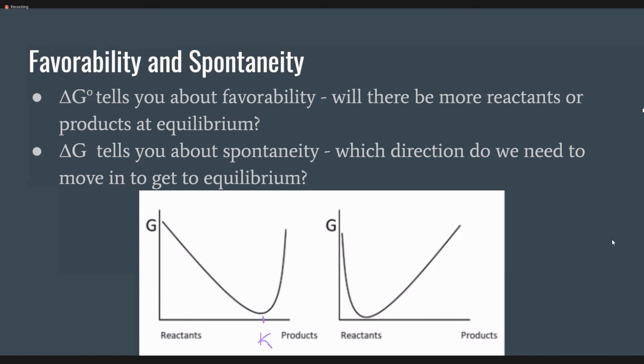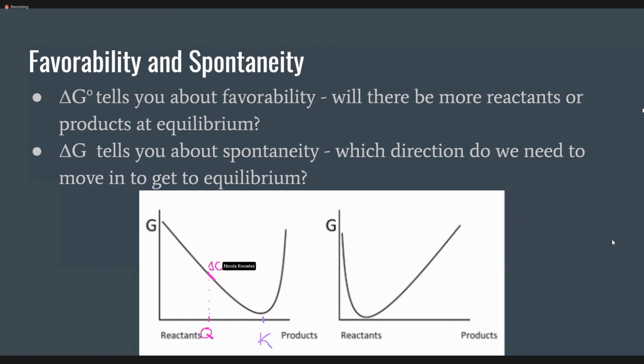Delta G naught on the x-axis is at 1 atm pressure and 1 molar concentrations. Wherever delta G naught is, that is where Q is. So let's say this is Q. Then the slope of this curve at 1 molar concentrations and 1 atm pressure is delta G naught.